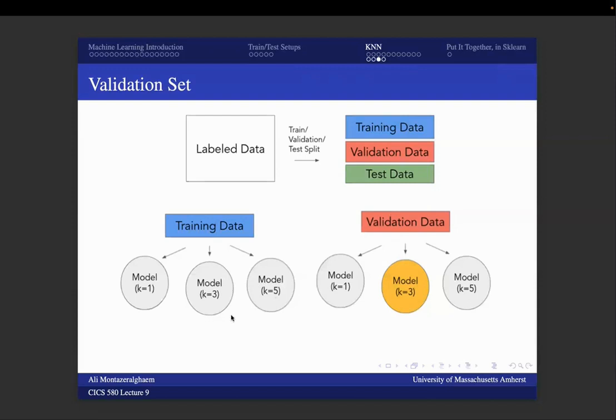Then we have these models and get the evaluation over the validation data. For example, for K 3, we get the highest score, highest accuracy on the validation data, and then we can decide that, okay, for this data, the K should be equal to 3.